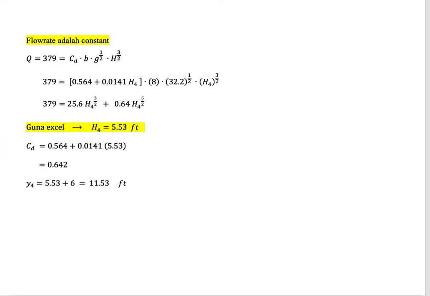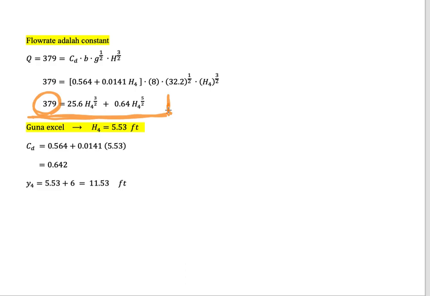Then we substitute into the equation, and we get this equation. From this equation, we equate with 379, because even though the flow is after the hydraulic jump, the flow rate remains constant. So we use trial and error. I use Excel to get this one.